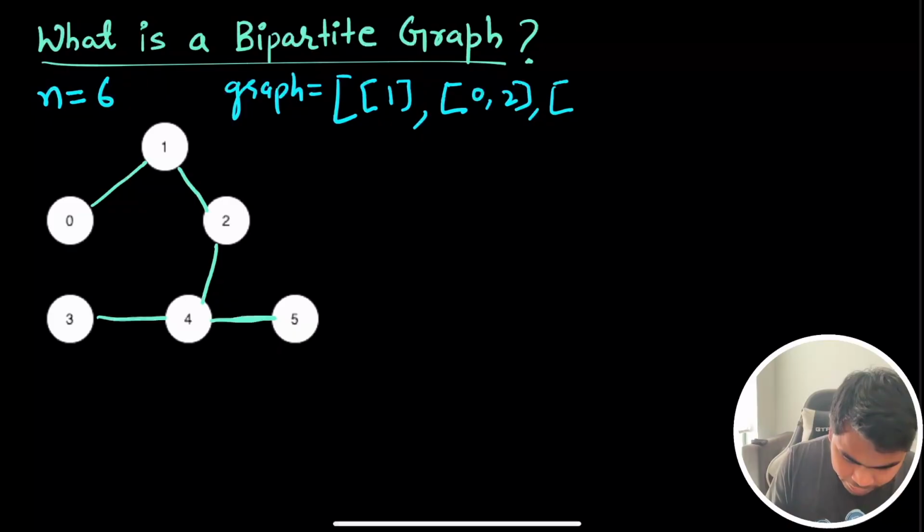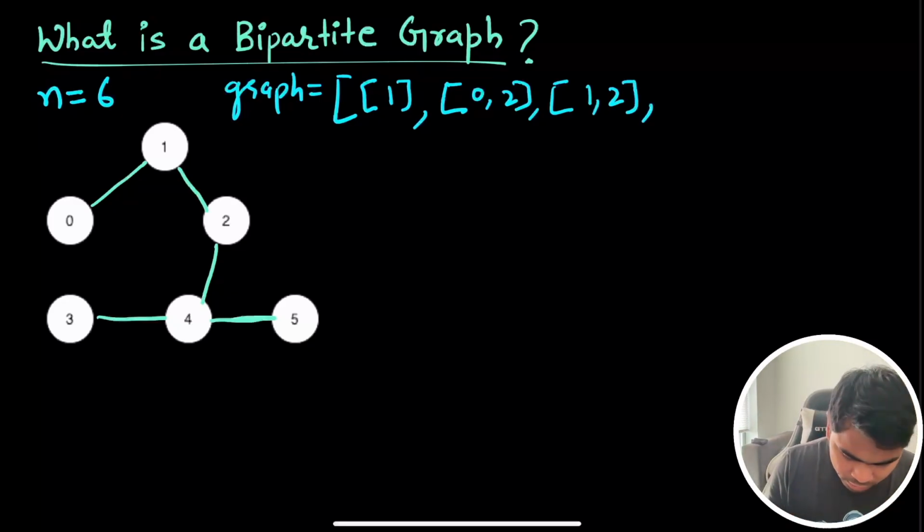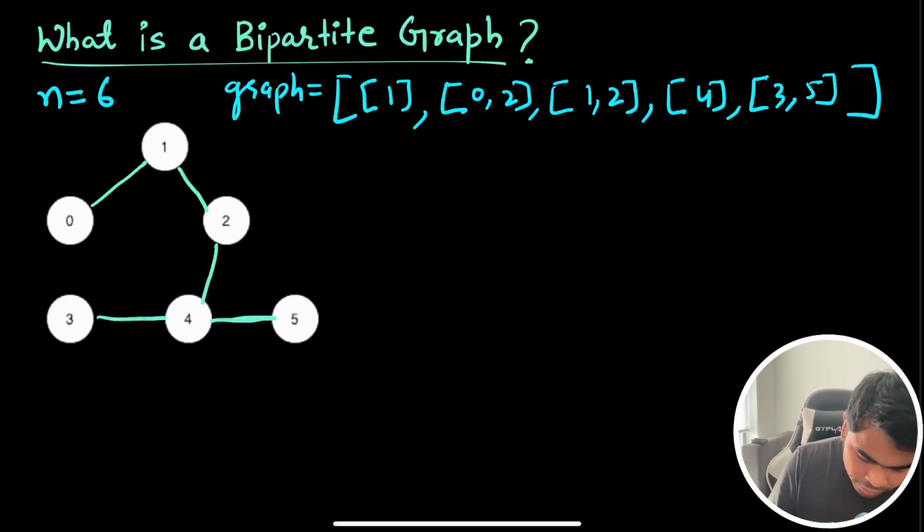Then 2 is connected to 4. Well, before that it's connected to 1, and we are not connecting the same node to itself. So that's not an issue. And then what is 3 connected to? 4. What is 4 connected to? 3 and 5.